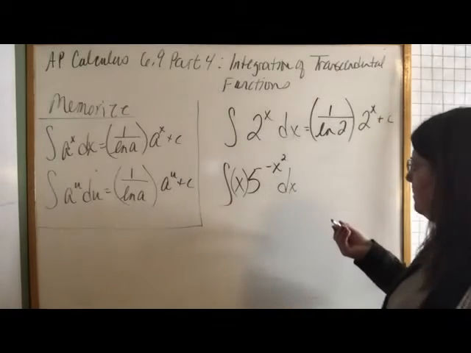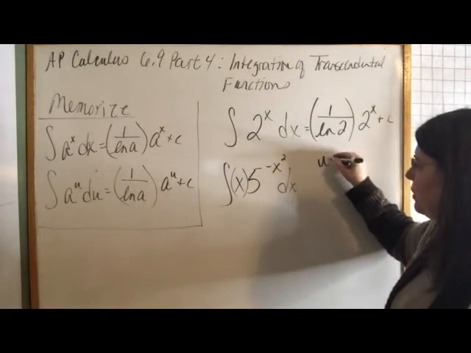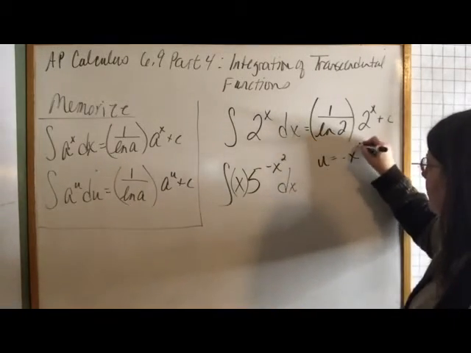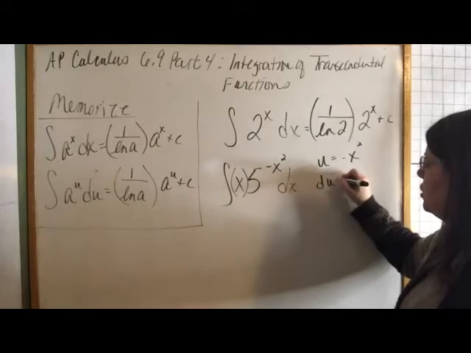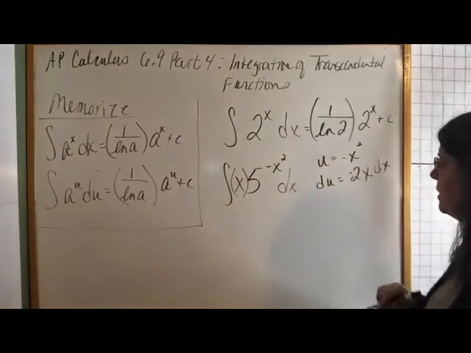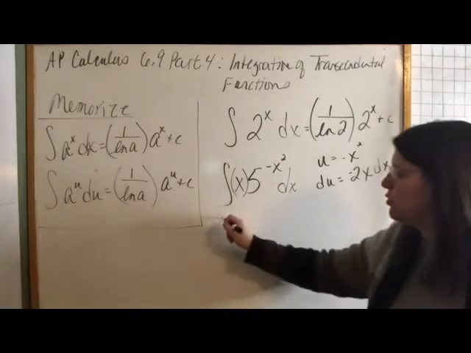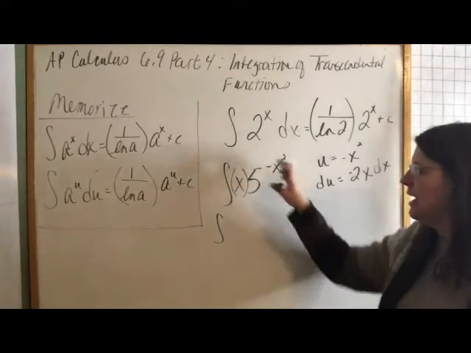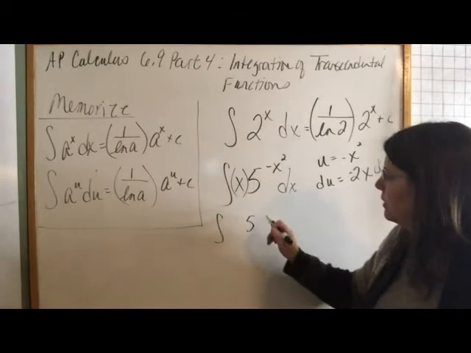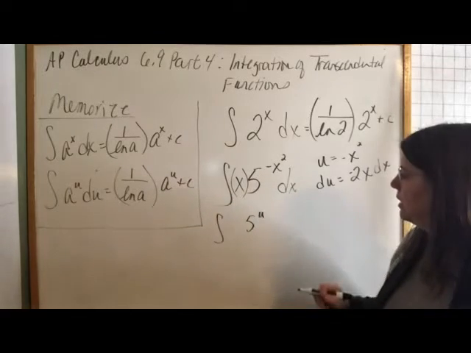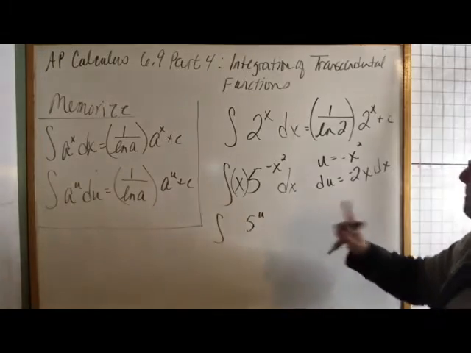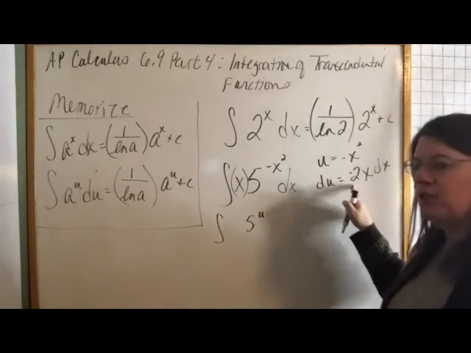So I'm going to let u, and I will always let u equal the exponent part. So u here is negative x squared. That means my du is going to be negative 2x dx. So if we're doing our u substitution, I've got 5 to the u, and then I've got x dx, but I'm missing my negative 2.